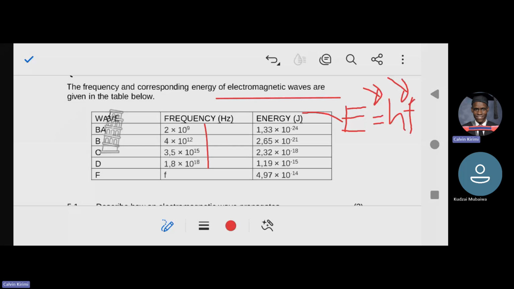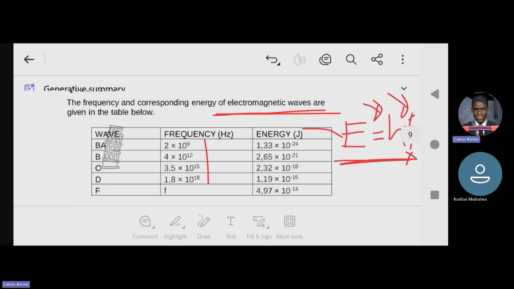So depending on the question, you substitute the frequency. That is the particle and wave behavior. So whenever we are dealing with electromagnetic waves as particles, we change the formula. If it behaves like a wave, v = fλ.